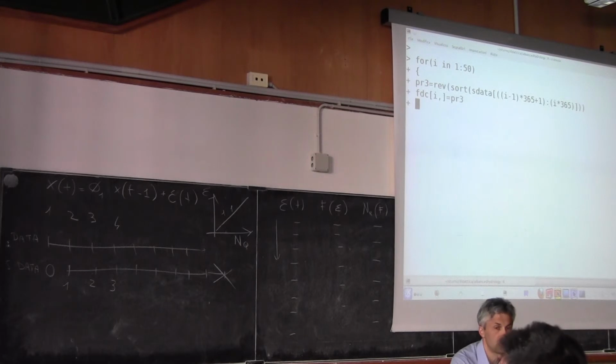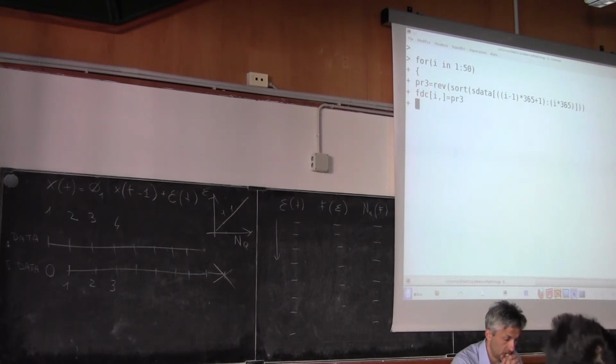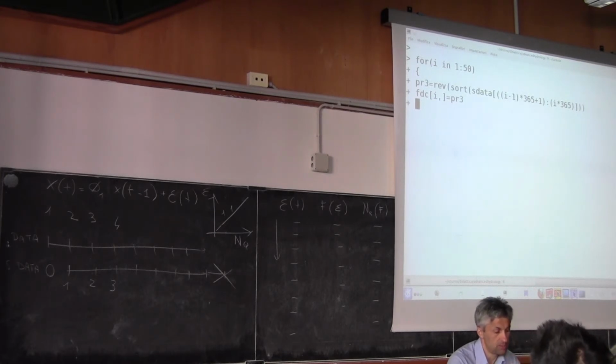So I have to repeat for i between 1 and 50. And then at each year, I compute this PR3, which is the reverse of the sort of the data of that year. So basically, in this instruction, look at sort.